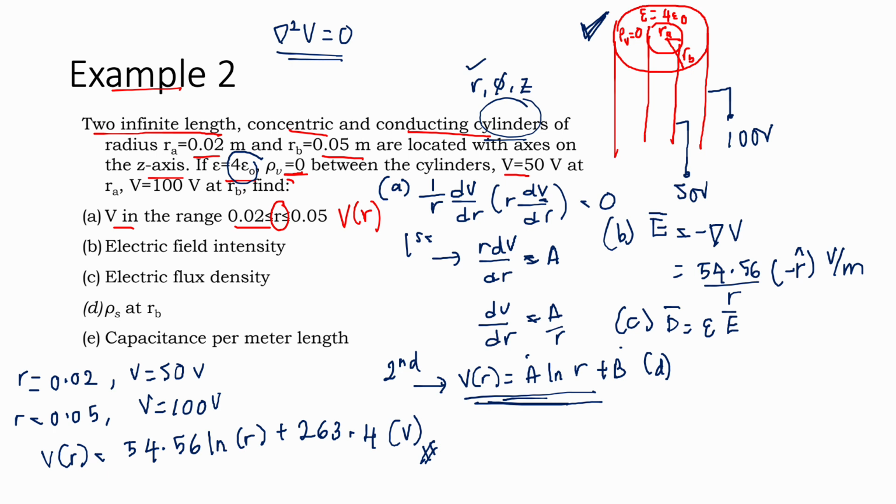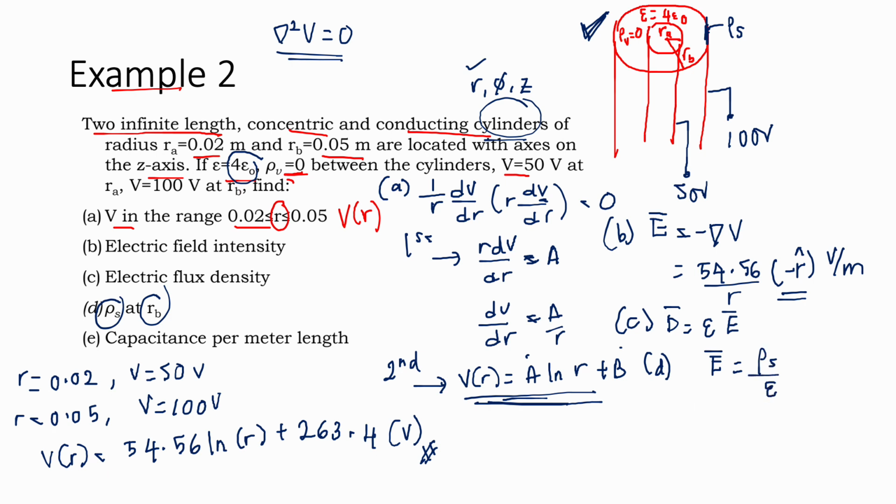So for D, we need to determine the rho S at RB. Our interested part is rho S at RB. So this is our RB, and we want to know the rho S. The E that we have obtained earlier is 54.56 over R in the negative R direction. We're going to use the same boundary equation as previously: E is equal to rho S divided by epsilon.